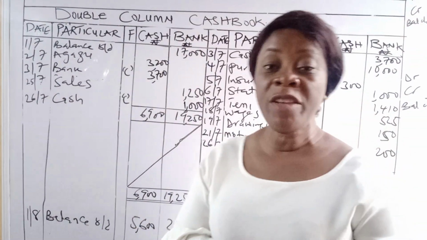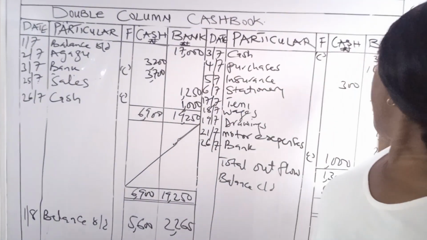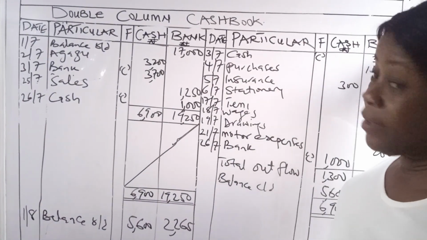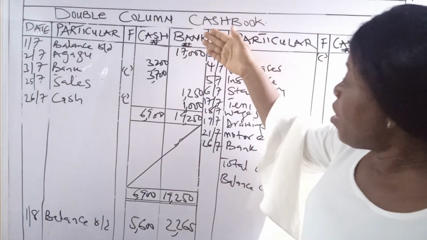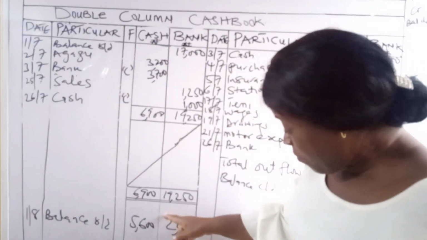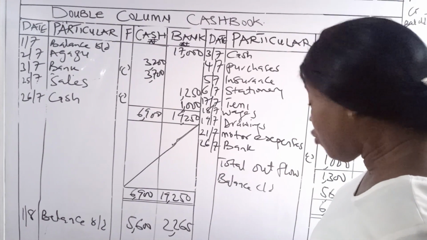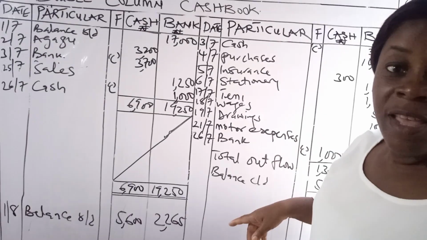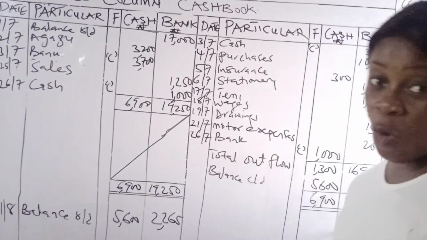But in some situations, when the amount on the credit side of the bank column is more than the amount on the debit side of the bank column, it can never be a debit balance. In such an instance it will be a credit opening balance.